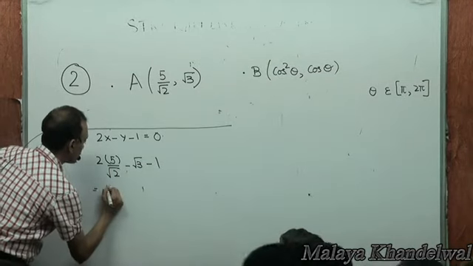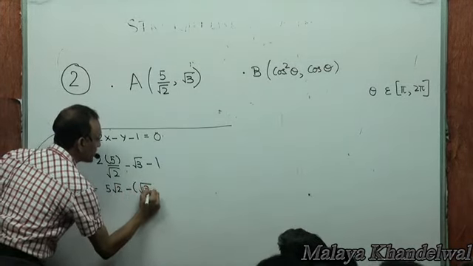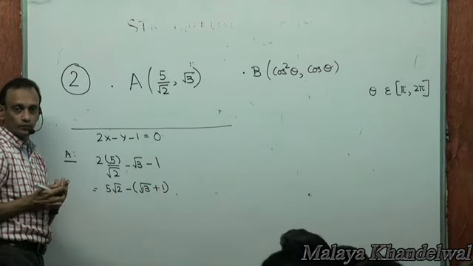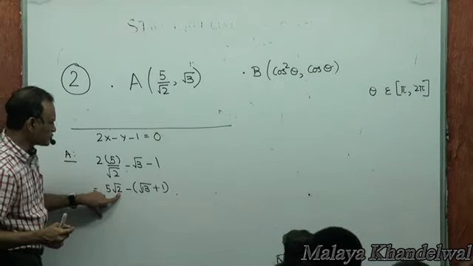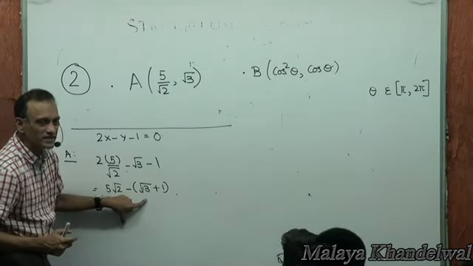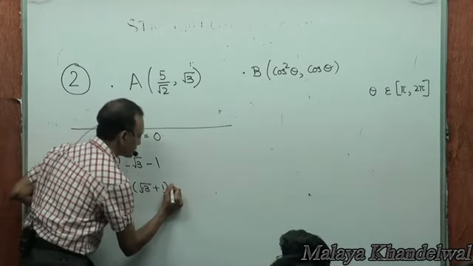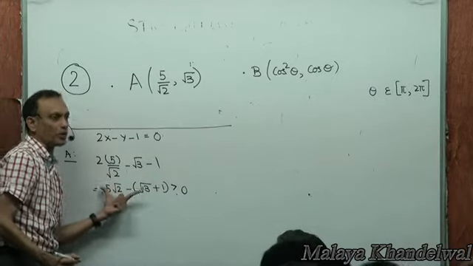So this is like 5 root 2 minus root 3 minus 1. Yes or no? Do you realize this is 5 into 1.47 roughly, and this is 2.7? So very clearly positive. That means this point imparts to this expression a positive sign.